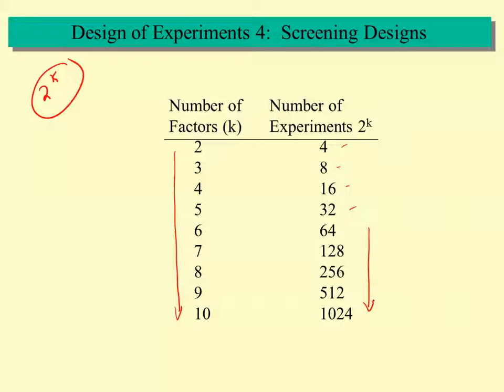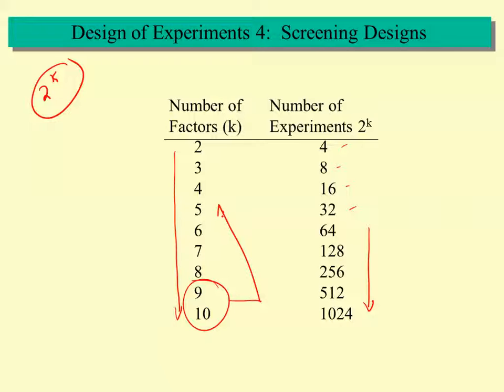So what we need is some method, if we have a lot of factors, to efficiently test all those factors, throw out the ones that aren't doing anything, and then take a smaller set and drop them into what we've just been doing with full factorials and go from there. So this would be the first step that happens before the full factorial step.